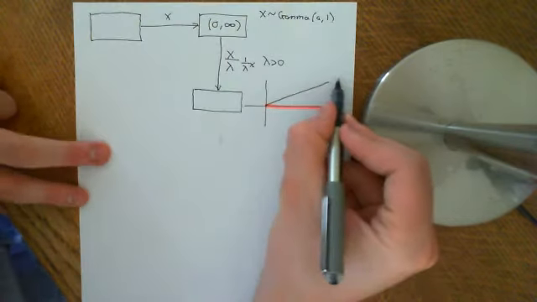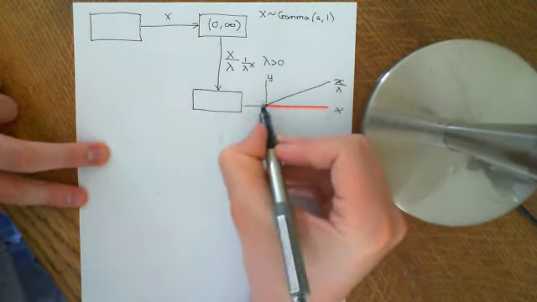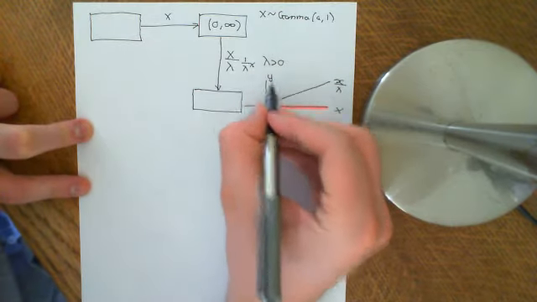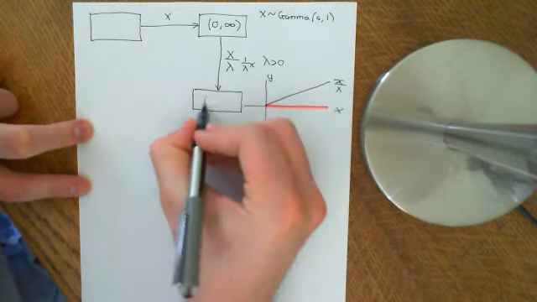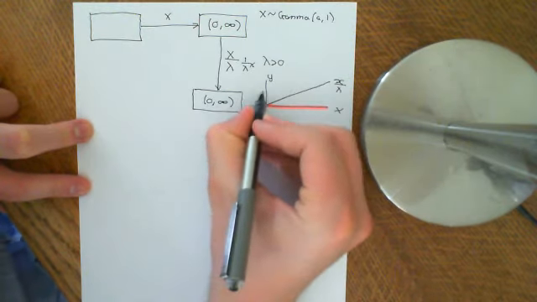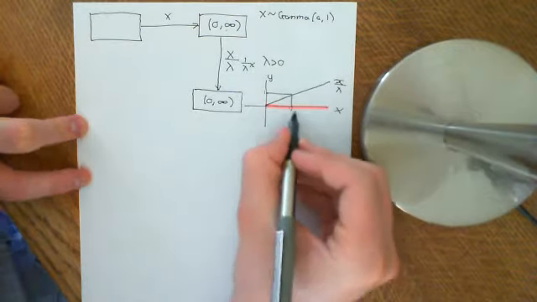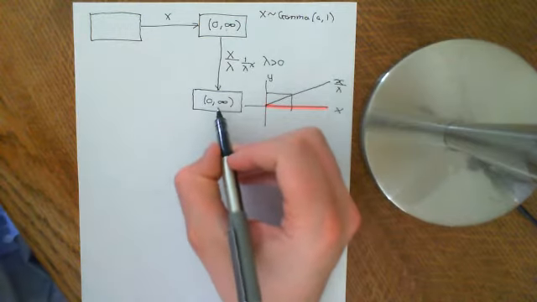So this is x divided by lambda, where this is the x-axis and this is the y-axis. So basically, it's going to map the positive real numbers onto the positive real numbers. So you give me any positive real number in this, let's say, codomain here, I can find you a corresponding positive number in the domain over here, which was mapped onto it. Okay, so it's going to map you completely onto the positive real numbers.